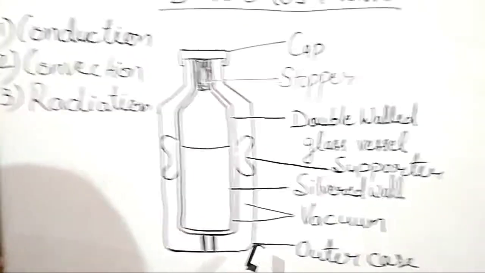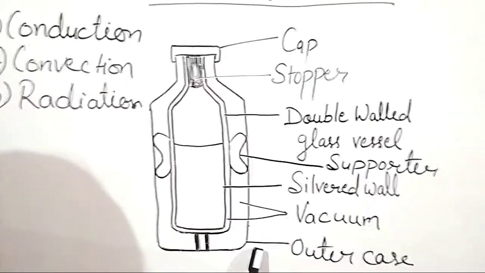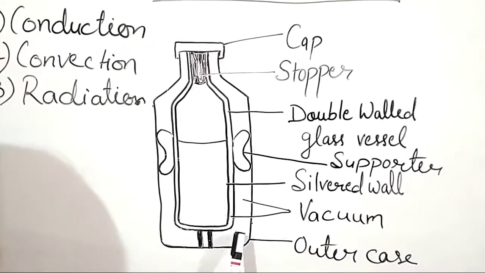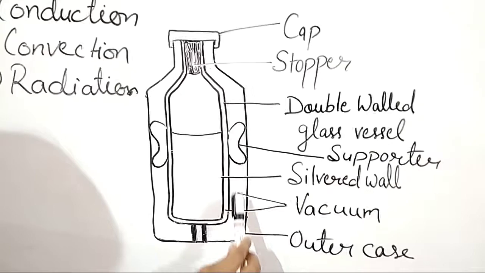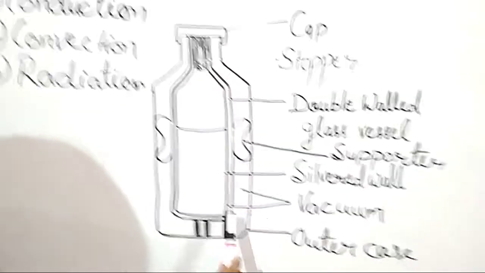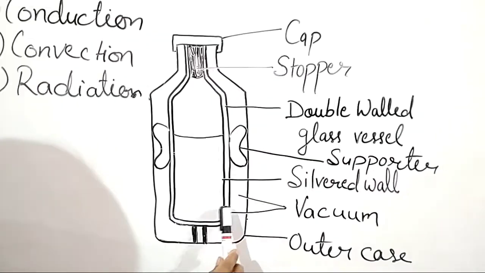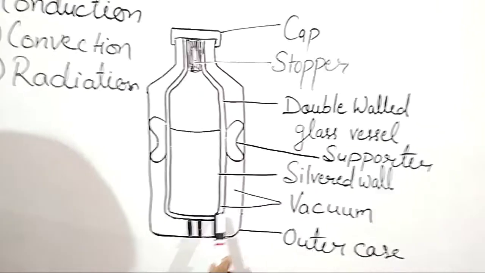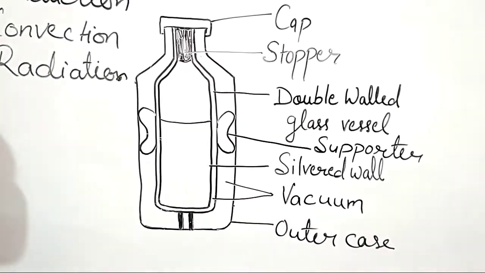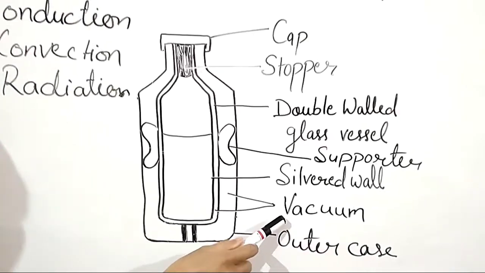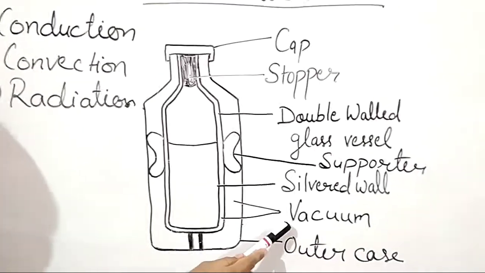Here you can see between the outer case and glass vessel, there is a vacant place here, and between the two glass vessels it is also vacant. So this vacant area is known as vacuum. Vacuum is the place where no air is present.